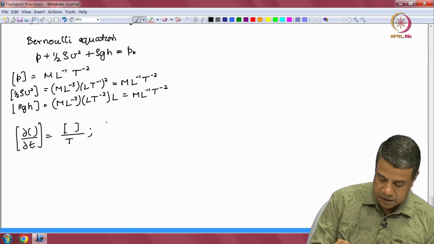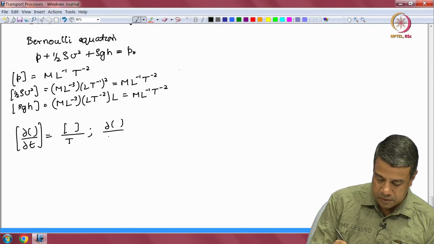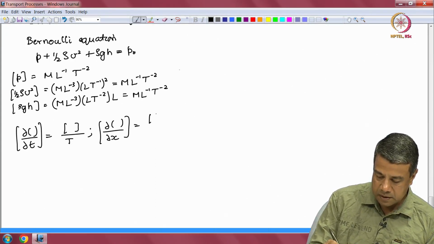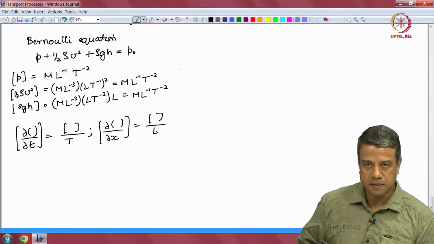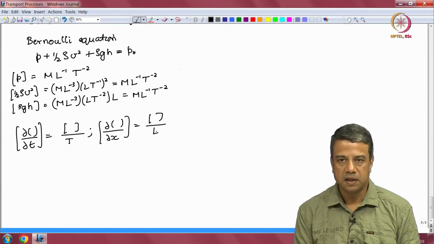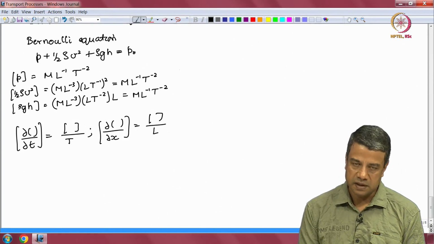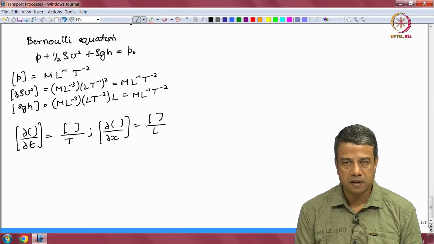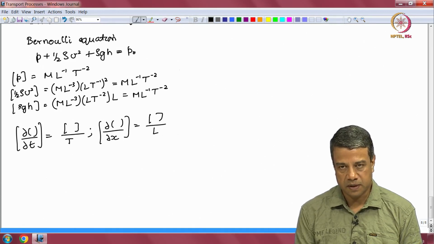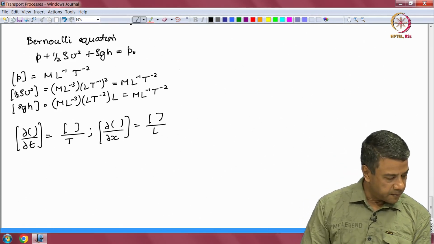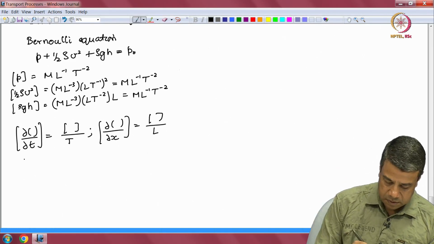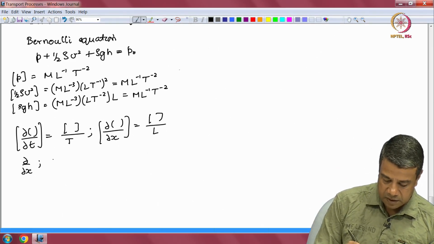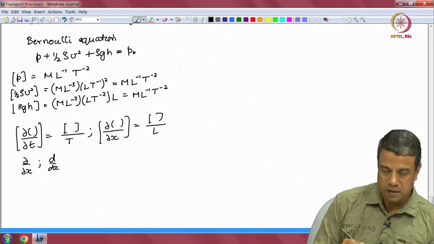The dimension of the derivative of any quantity with respect to any spatial coordinate is equal to the dimension of that quantity divided by the spatial coordinate L. Second derivative is 1 over L square and so on. Very often in equations we get complicated expressions, where we have for example d by dx, the partial derivative, and d by dx, the total derivative.